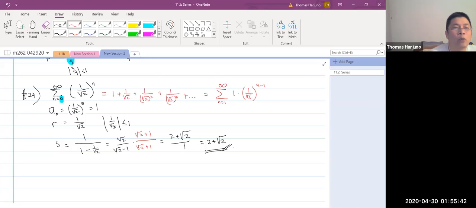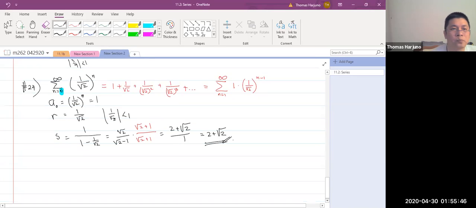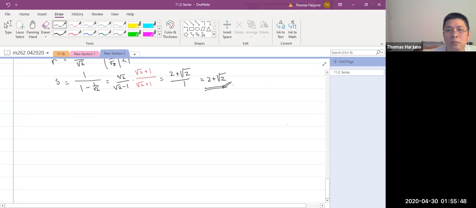Okay, I can do one more problem. Number 26: the sum from n equals 1 to infinity of e to the n over 3 to the n minus 1.